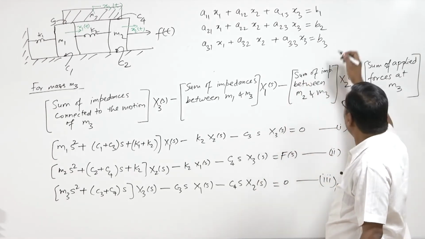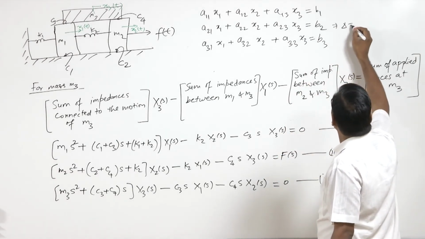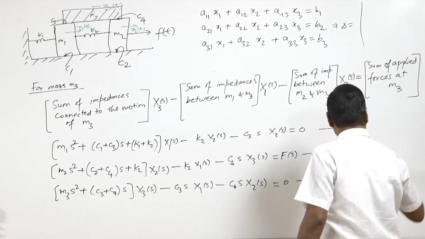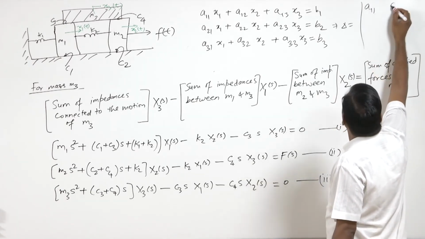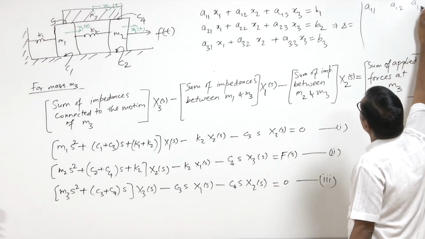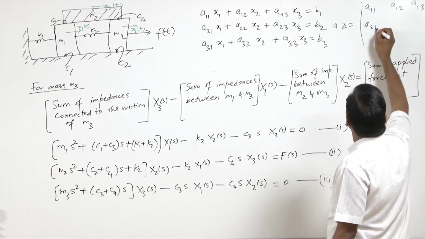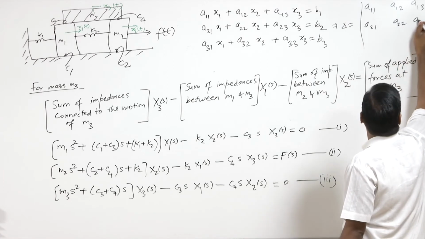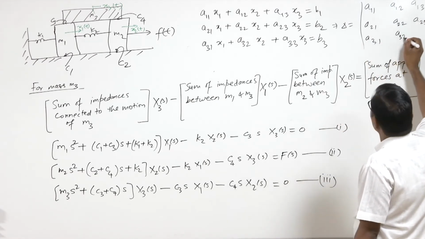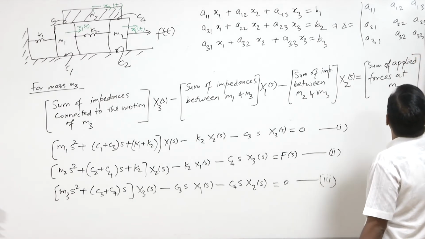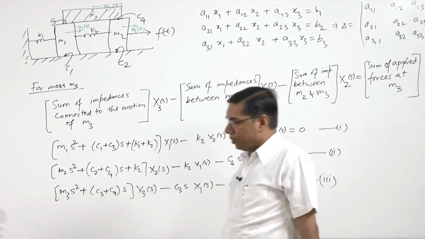Now we can form a matrix delta of A11, A12, A13, A21, A22, A23, A31, A32, A33. This is delta.